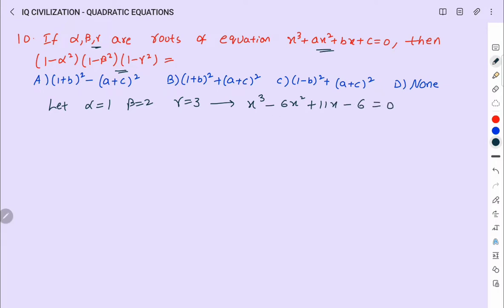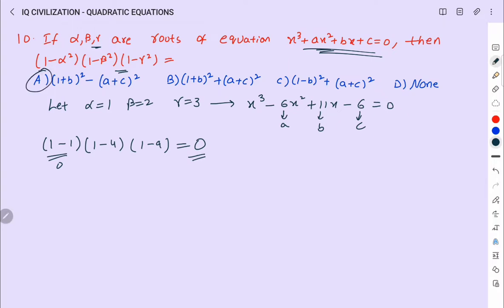So here I am comparing this one, this is A, this is B and this is C. Now 1 minus alpha square, 1 minus beta square, 1 minus gamma square. Anyway, this is 0. We don't need to do everything. So we will get a 0 here. So option A will be satisfied.